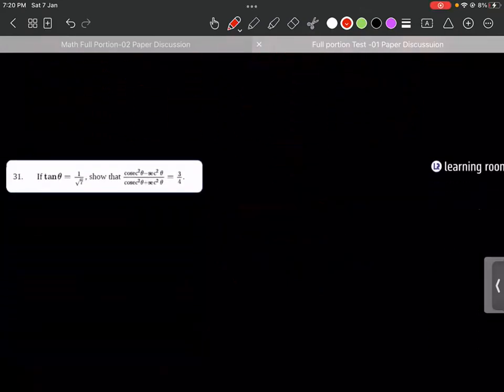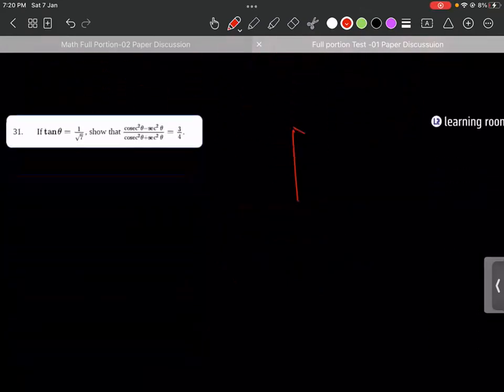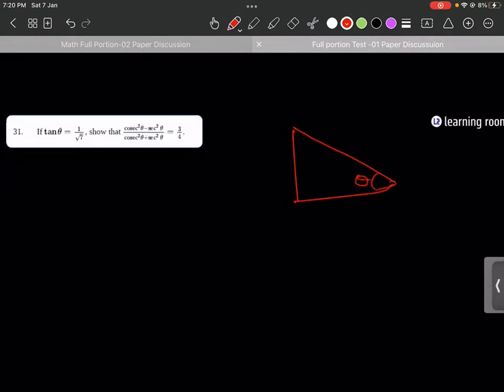Okay. So tan theta is 1 by root 7. Take a triangle with theta and sides 1 and root 7. Then how much will the hypotenuse be? Root of 1 plus 7, so root 8, which is 2 root 2. So cosecant square theta minus secant square theta is 8 by 7... the whole divided by cosecant square theta plus 8 by 7.